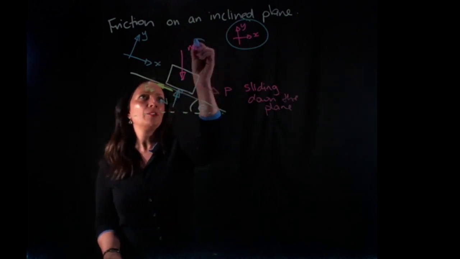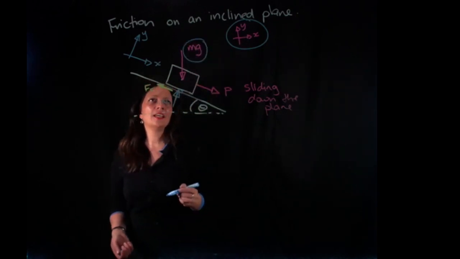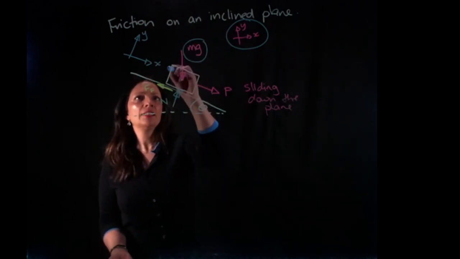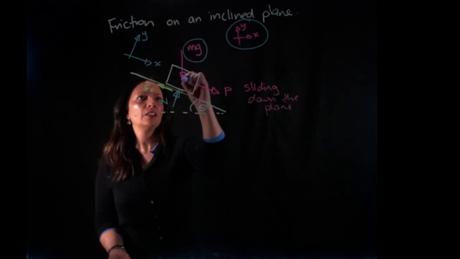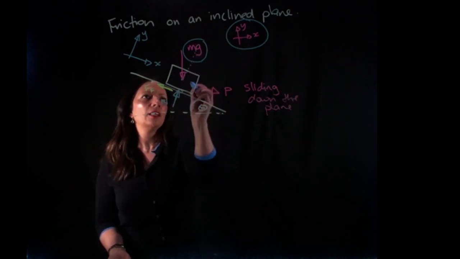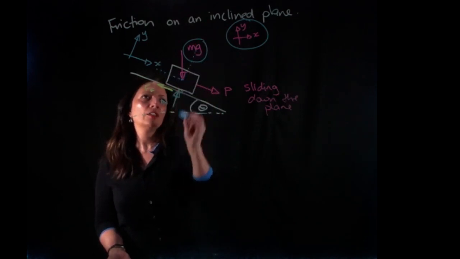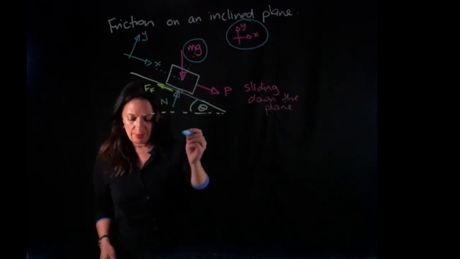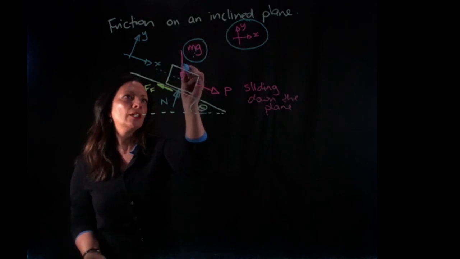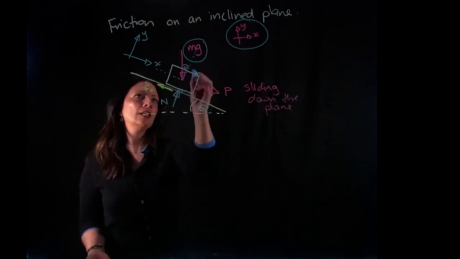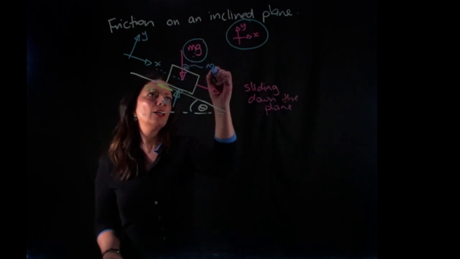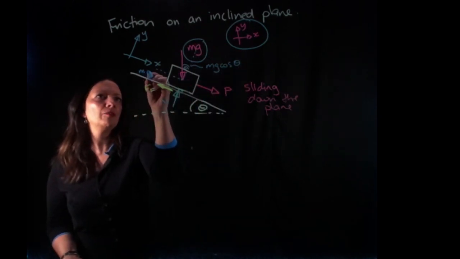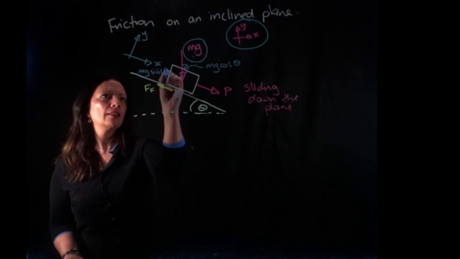The only thing we need to break up into x and y components is our mg. With theta here, this side will be mg cos theta, and over here we will have mg sin theta.